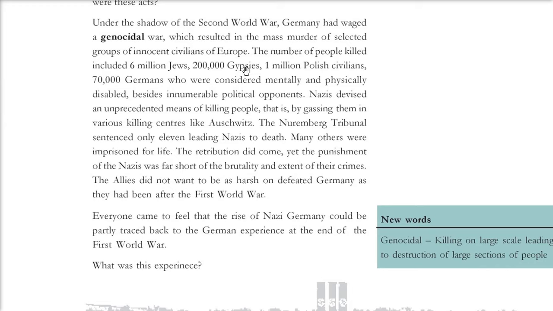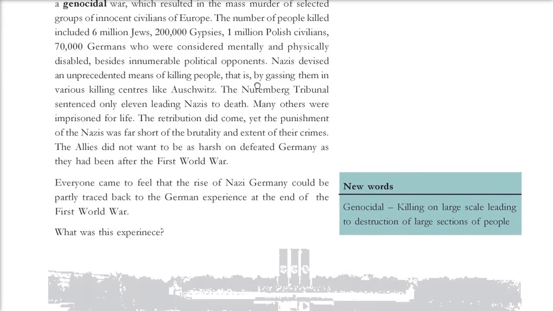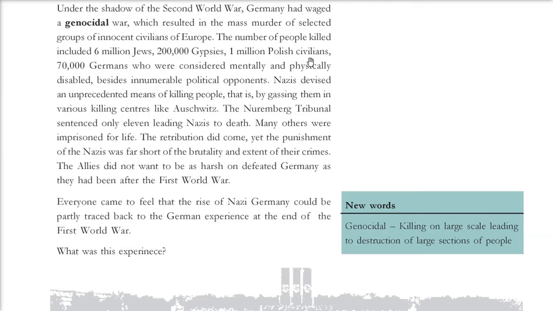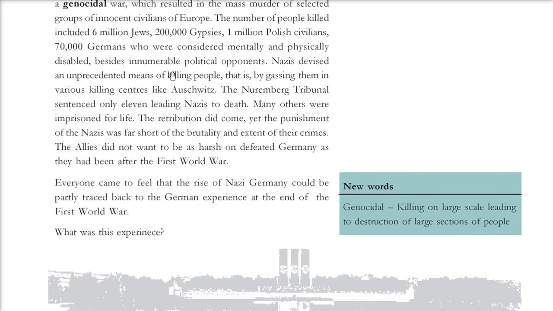So how many did Hitler and the others kill? 6 million Jews, 200,000 gypsies, 1 million Polish civilians, and 70,000 Germans also. Germans killed Germans who were considered mentally and physically disabled, and various other political opponents.